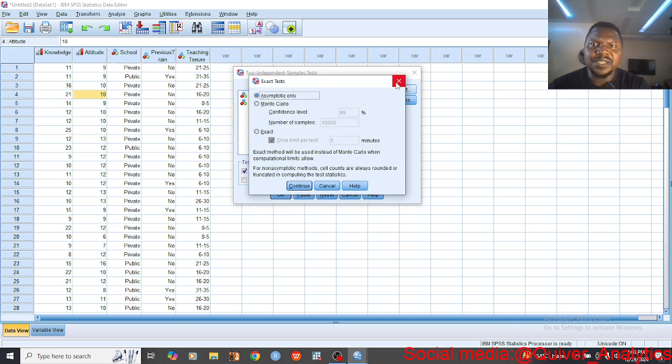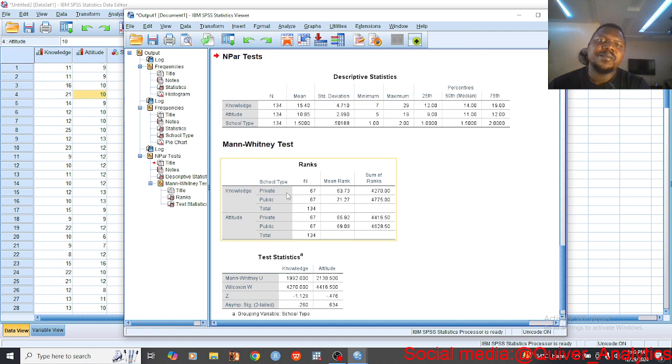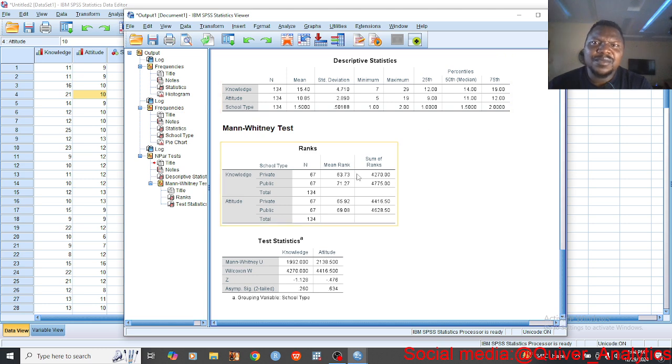So let's see options. We would like descriptives and quartiles, then continue, and okay. So for knowledge, this is the descriptives. For private school, the N and the mean rank, then for public school, the N and the mean rank.